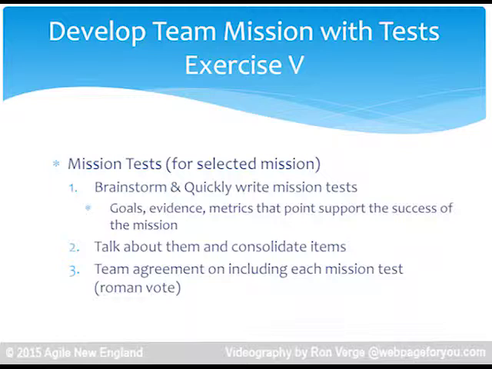Make sure it's something that you can baseline and then track over a period of time. Then go ahead and talk about those. Select one, do a Roman vote to select it, and then put it in your mission test section. Just write it on a sticky and put it in the mission test section.